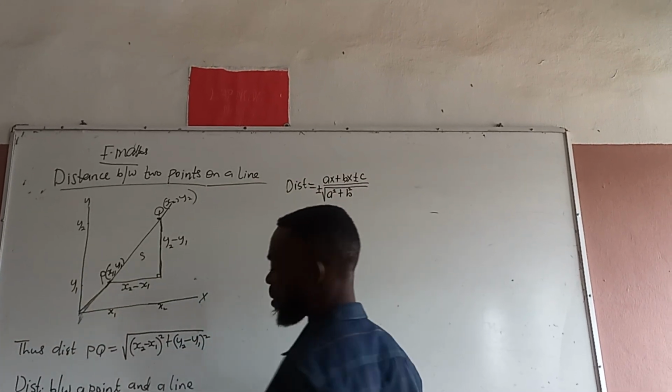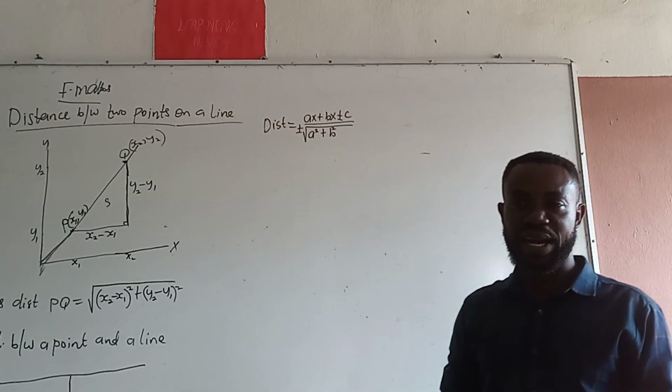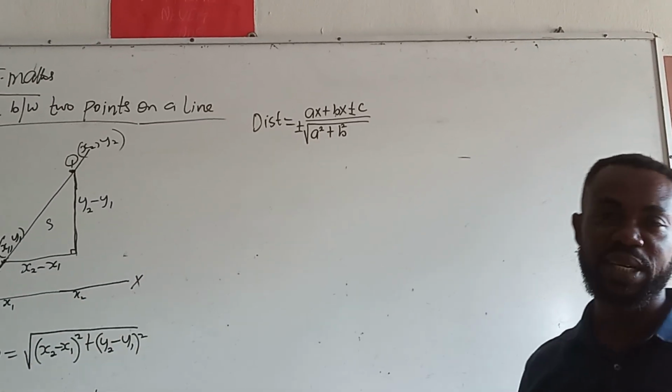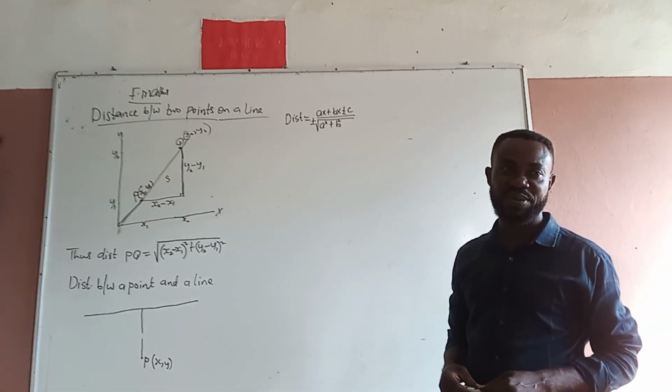This is the distance between a line and a point. Having noted this, we now delve into solved examples, calculations.